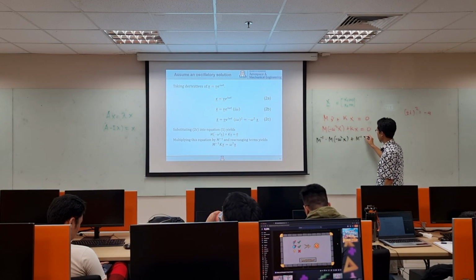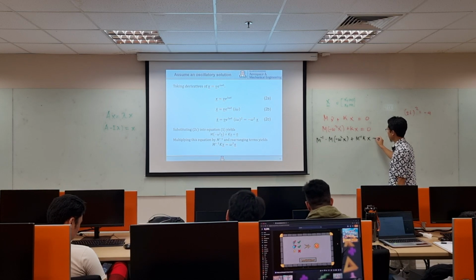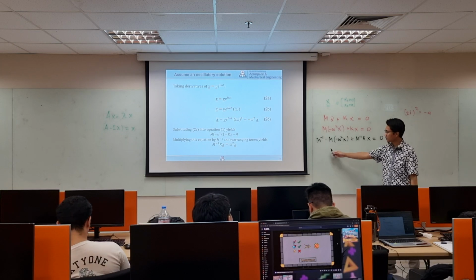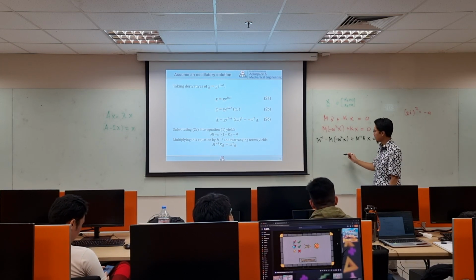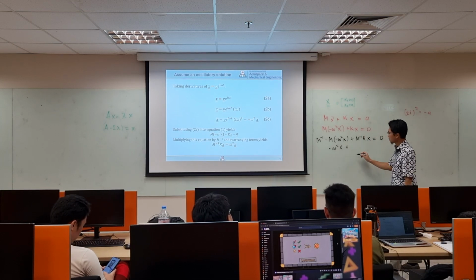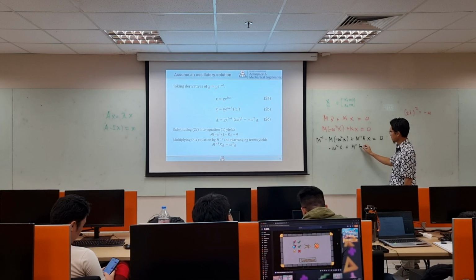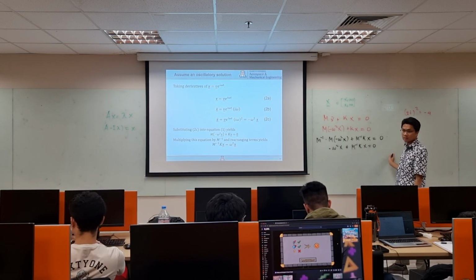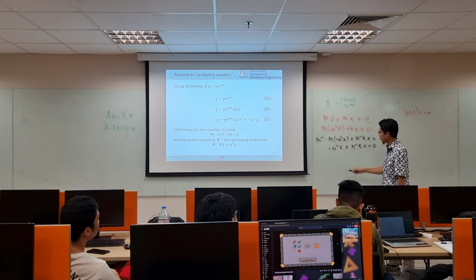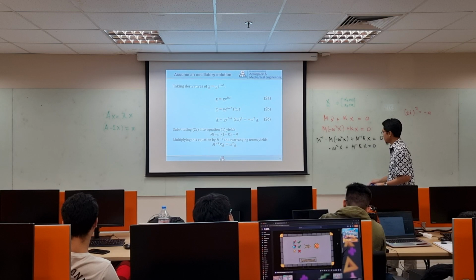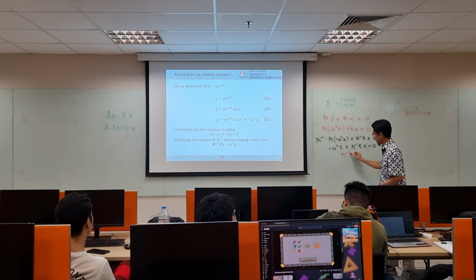What happens if I multiply with this identity? It just becomes minus omega square x plus m inverse k x equal to 0. Then I move this to the right side. Finally, I will have m inverse k.